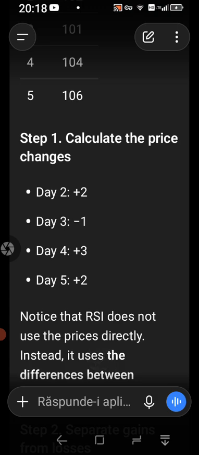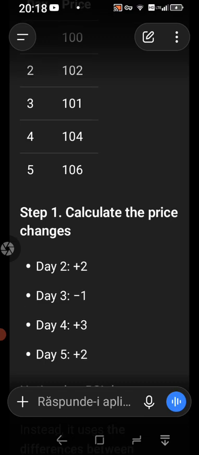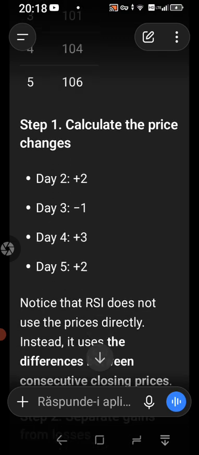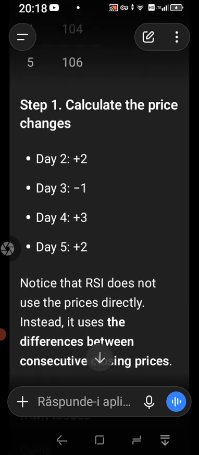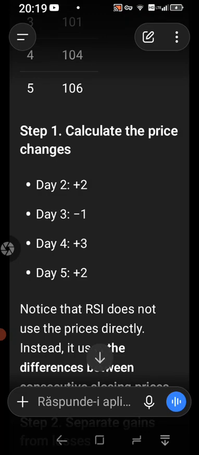On the second day, the price increases by $2. On the third day, it falls from 102 to 101, decreasing by $1. On day 4, it increases by $3. And on day 5, it increases by $2.